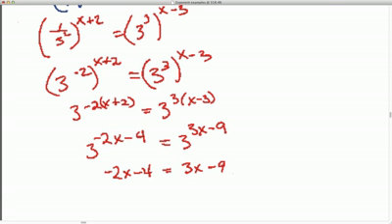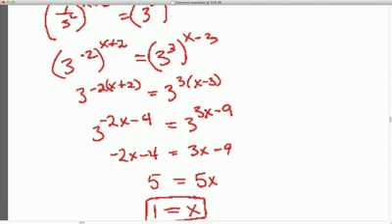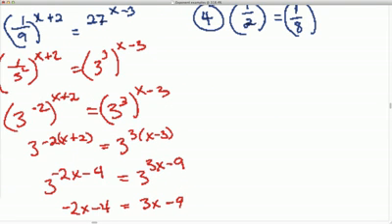Then bring the x's to one side, and the numerical values to the other side. So all I did was add the 2x over, and add the 9, sorry. And then we get x equals.